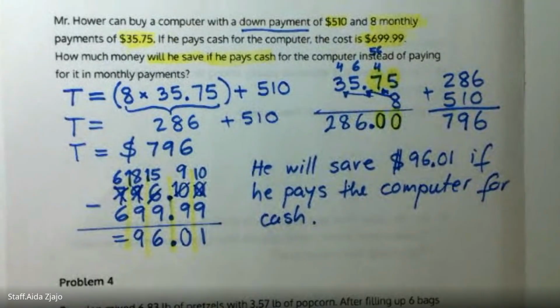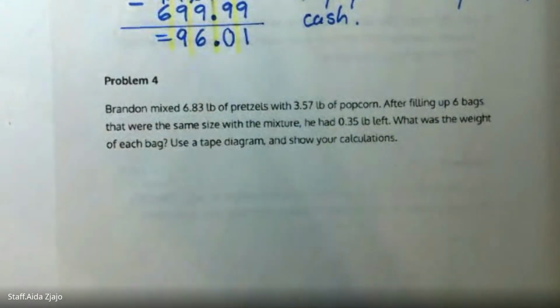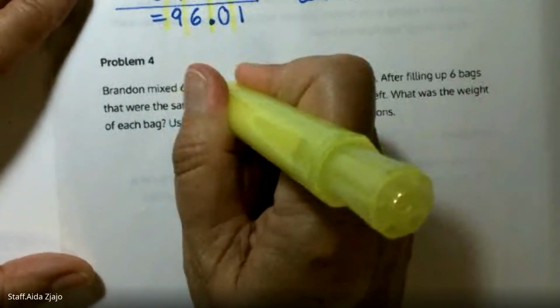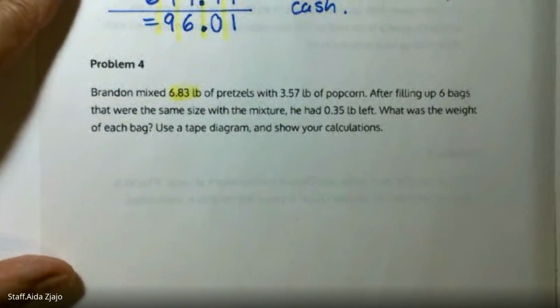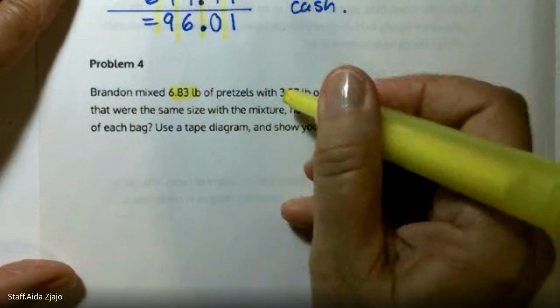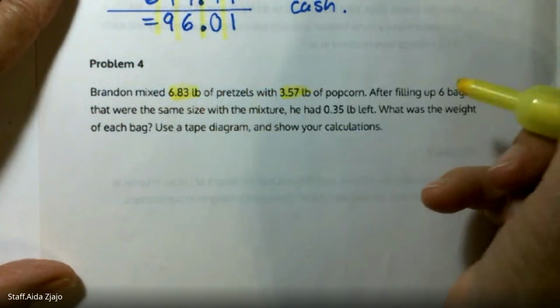Okay, let's move to number 4. Brandon mixed 6.83 pounds of pretzels with 3.57 pounds of popcorn.